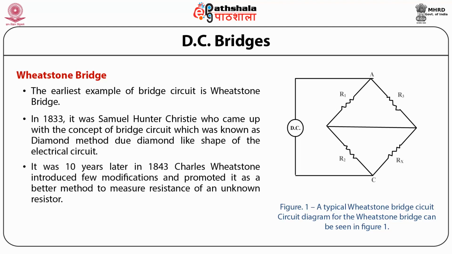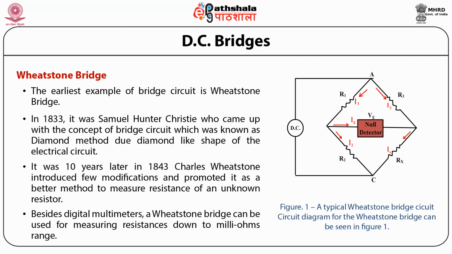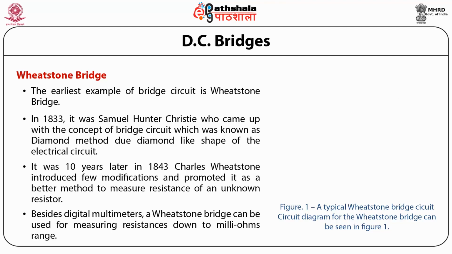Ten years later, in 1843, Charles Wheatstone introduced a few modifications and promoted it as a better method to measure the resistance of an unknown resistor. Besides digital multimeters, a Wheatstone bridge can be used for measuring resistance down to the milliohm range.